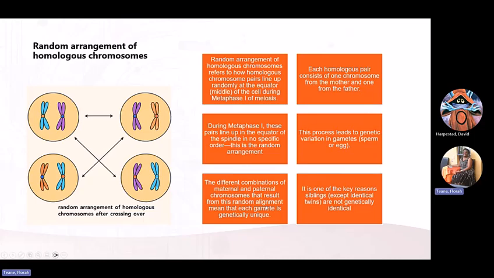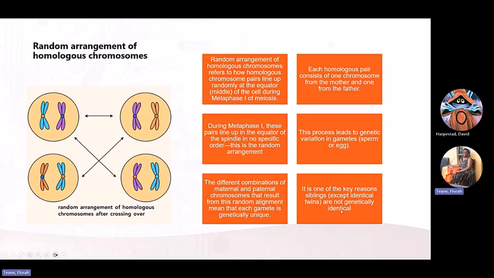What do I mean by this? Remember, I said meiosis is used during the formation of gametes, of egg cells, of sperm cells. So those sperm cells and egg cells that are being formed are not the same, they're genetically different. And this is made possible by what we call random arrangement of homologous chromosomes.